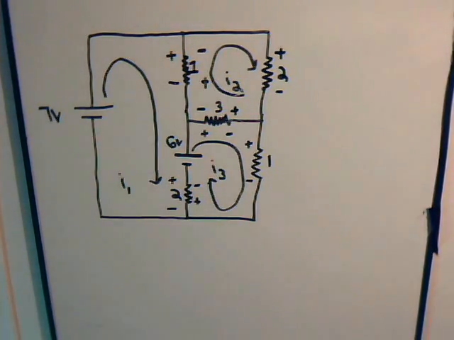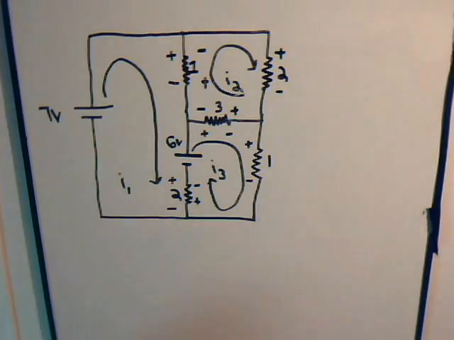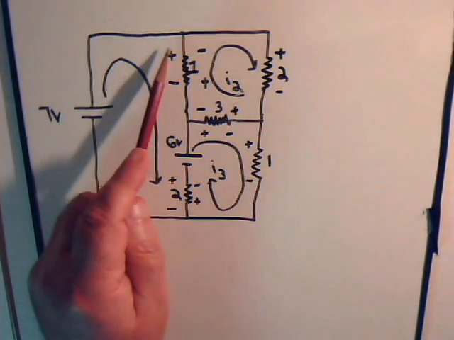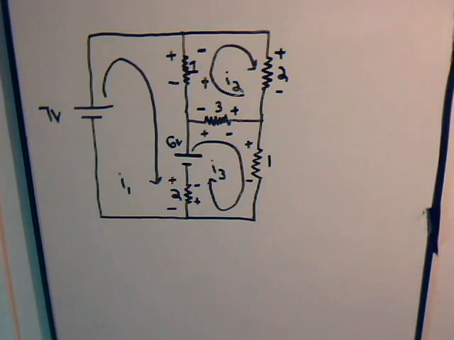Now, it might be that the current that flows through this resistor here may not be going in this direction. It might be going in the opposite direction. Or the current that flows through this part of the circuit might be going in the opposite direction.